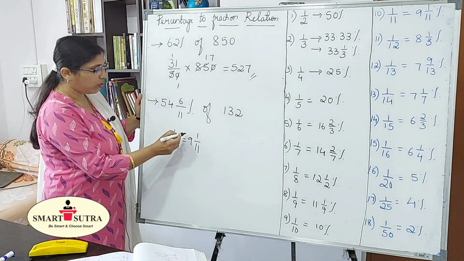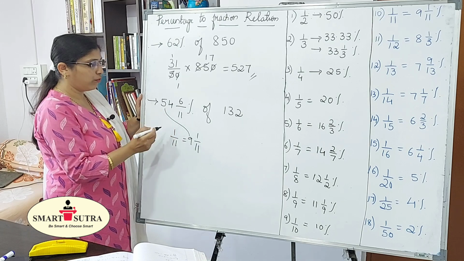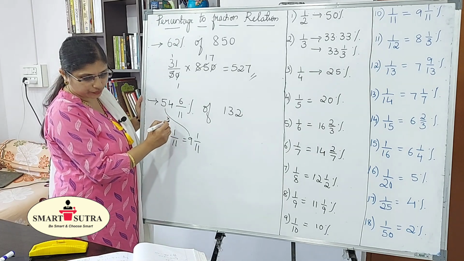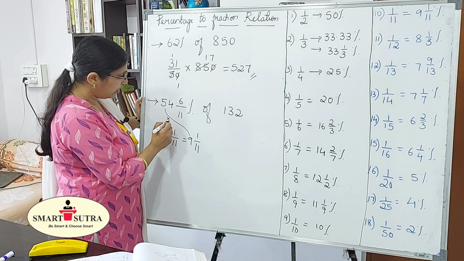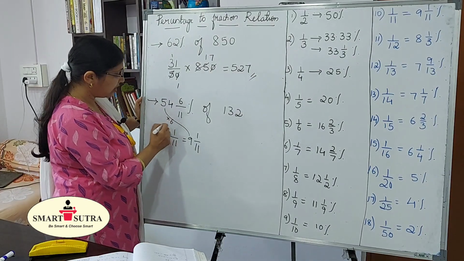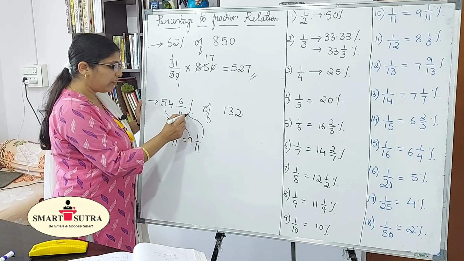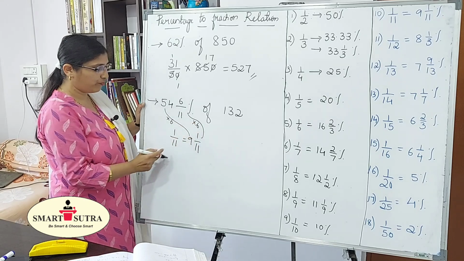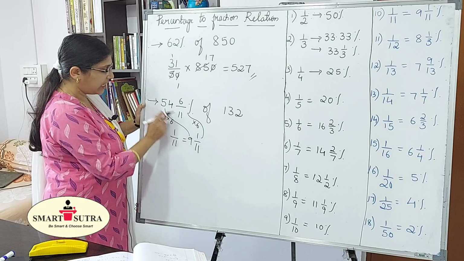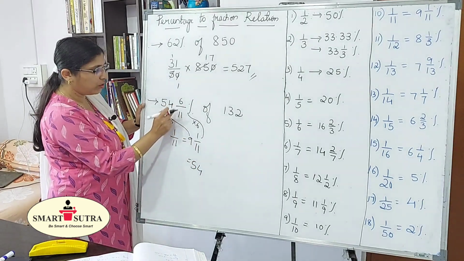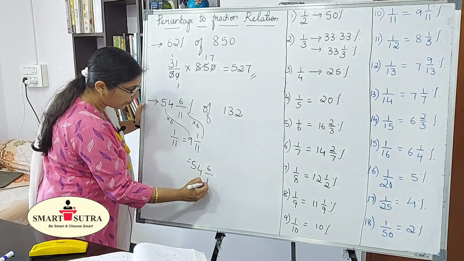Now, to travel from 9 to 54, how much is it? Into 6, 9 6s are 54. That means it will get multiplied with the fraction part also. So 9 6s are 54, then 1 by 11 into 6 is nothing but 6 by 11.